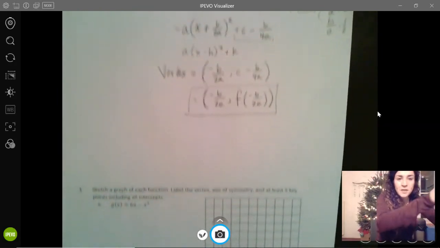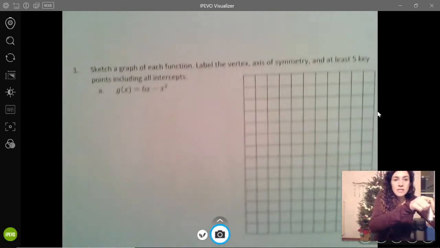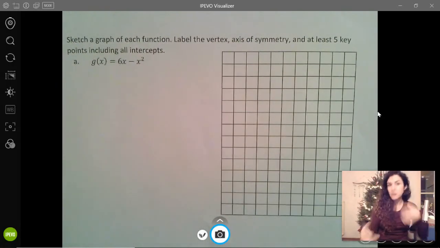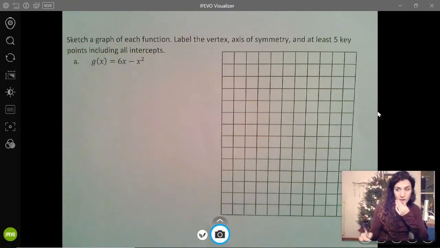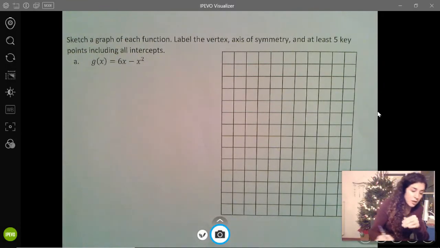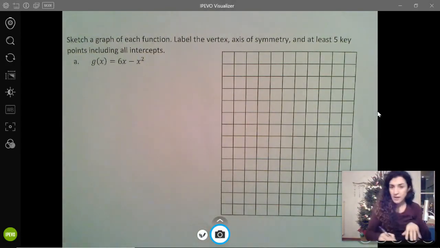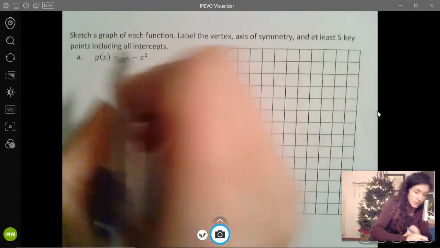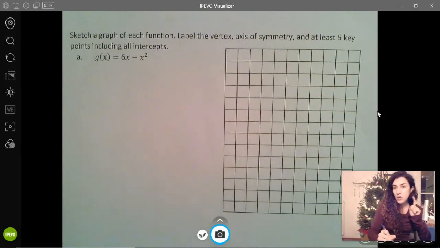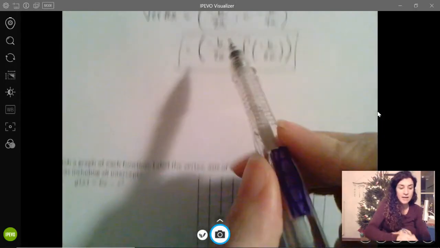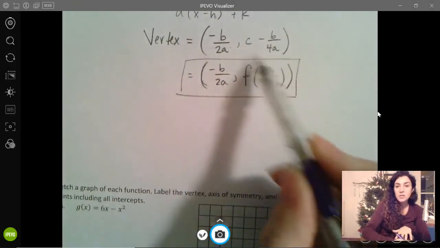Okay. So we are going to sketch a graph of each of the following functions, label the vertex, axis of symmetry, and at least 5 key points, including all x-intercepts. Including all intercepts, not even just x. Okay, so first of all, we're going to practice finding our vertex using what we know about this.